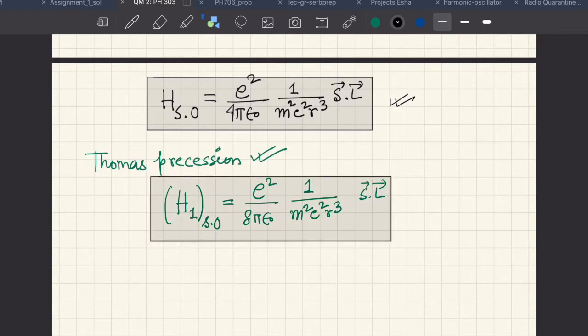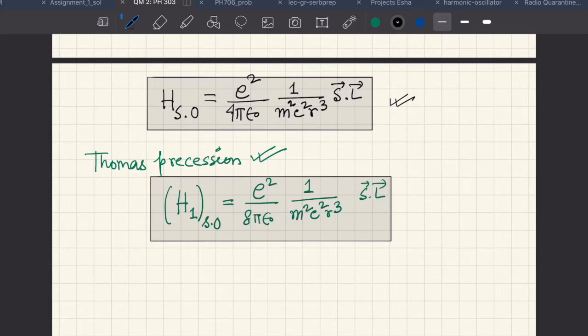spin-orbit Hamiltonian. Now, apart from this, there are two corrections. One, of course, is the gyromagnetic ratio for the electron, and the other one is this Thomas precession factor, which, if you closely look, coincidentally exactly cancel one another. So it is just what you would expect on the basis of a naive classical calculation.